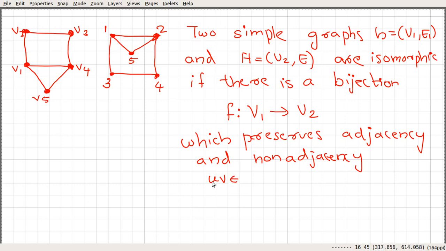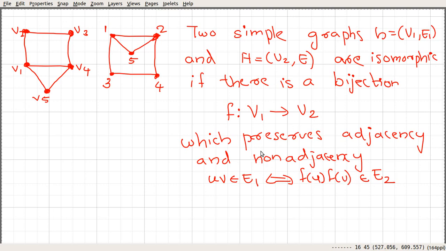So suppose that we have two adjacent vertices in G, then under this map f of u and f of v must be adjacent in H. So if you have an edge uv which is an element of E1, then under the map this edge f of u, f of v must belong to E2.